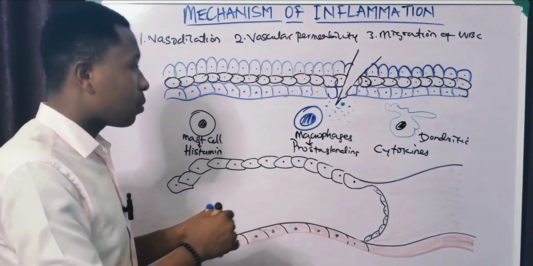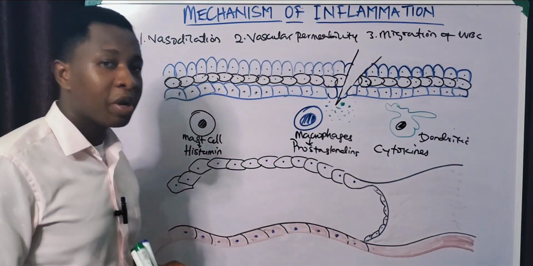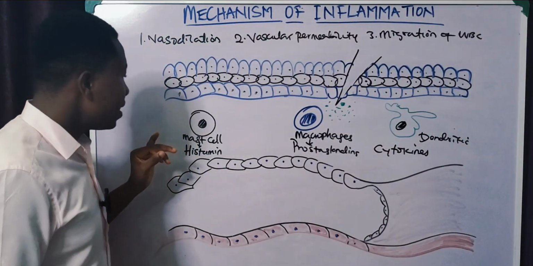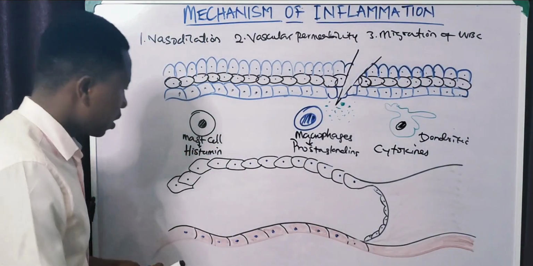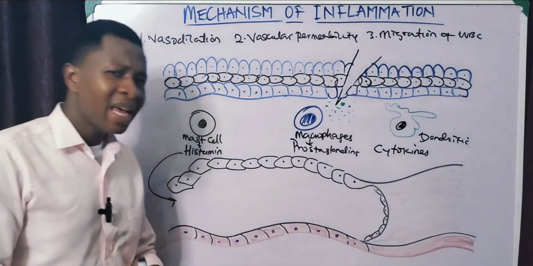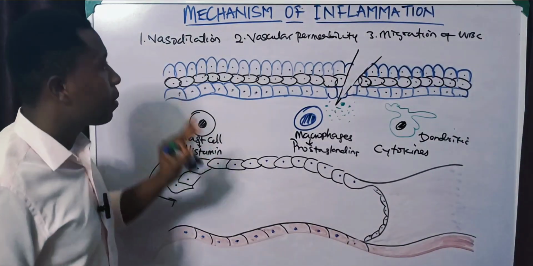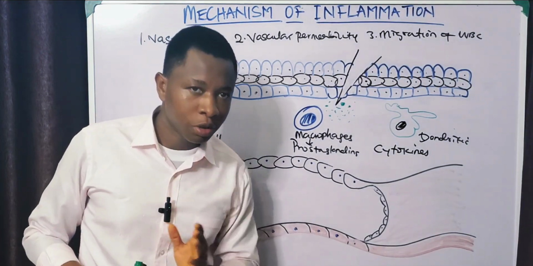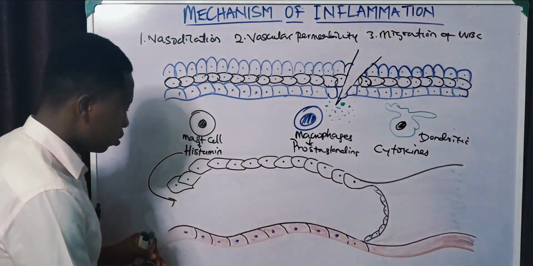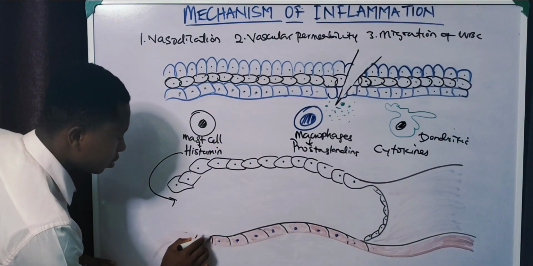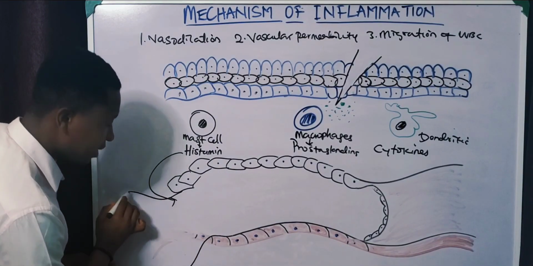Now, all these chemicals work together to bring about inflammation. All right, so when histamine is secreted, it jumps into the bloodstream, and what does it do? It begins to carry out the first stage of inflammation, which has to do with vasodilation. So it begins to dilate the blood vessel. It begins to make the blood vessel wider.